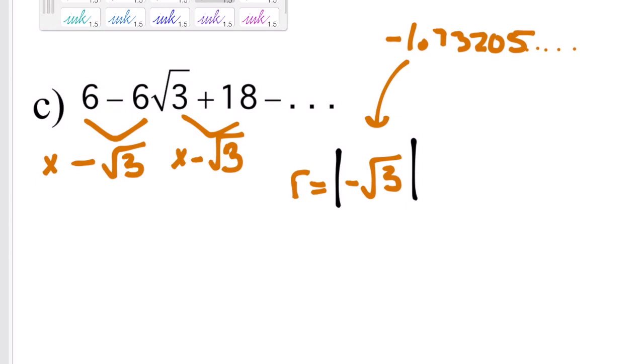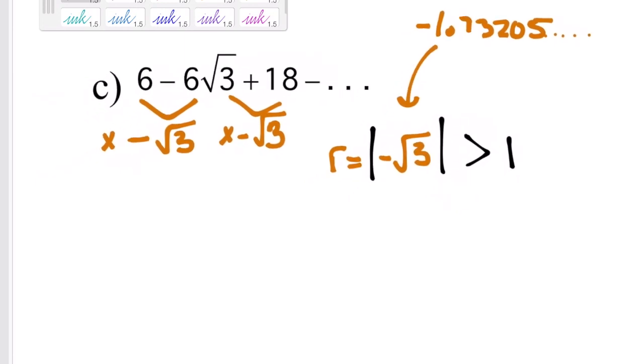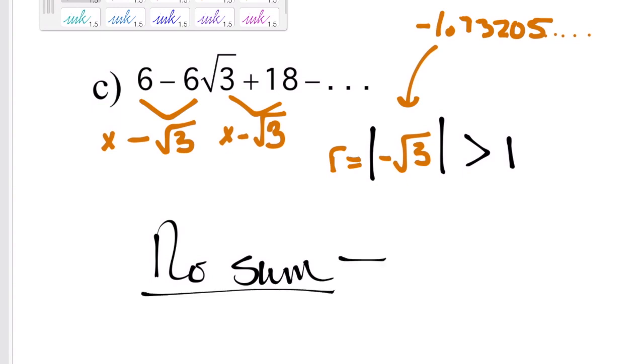Anyway, plugging that into the absolute value, it is greater than 1. Because this is greater than 1, that means my numbers are going to keep getting bigger. And as they keep getting bigger, it's just going to get more and more messy, more and more complicated. It's not converging onto one number that we can then find a sum of. So, no sum. At least not one that we want to calculate at this point in time.